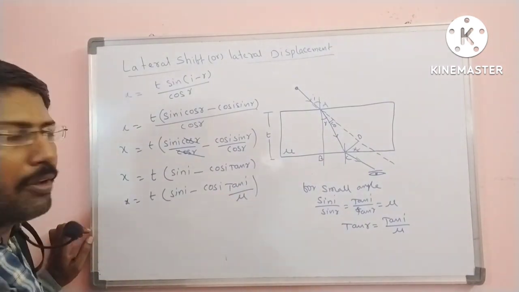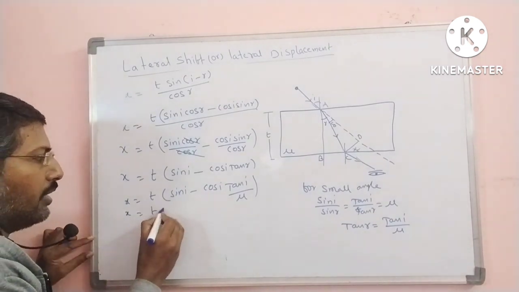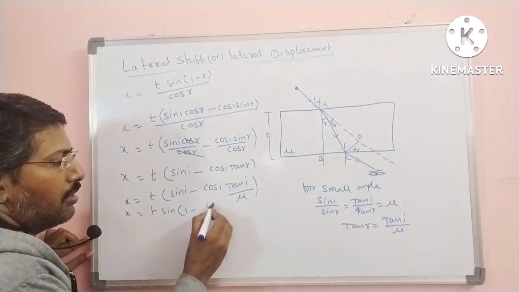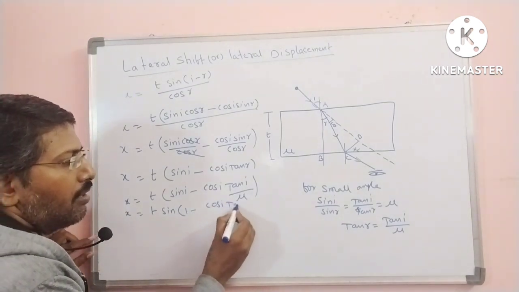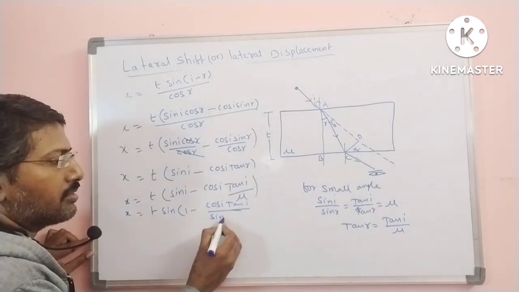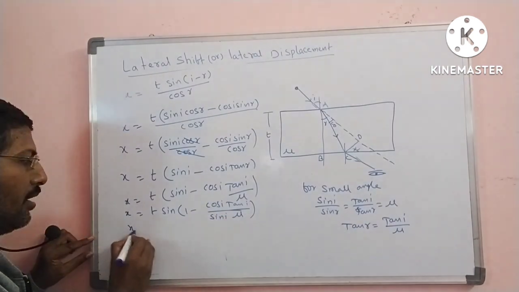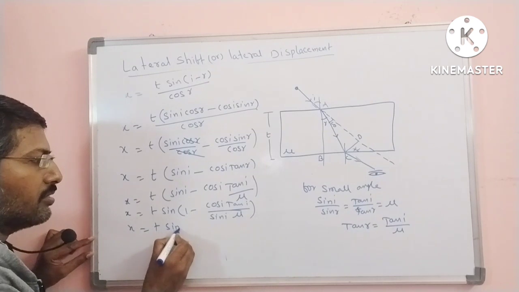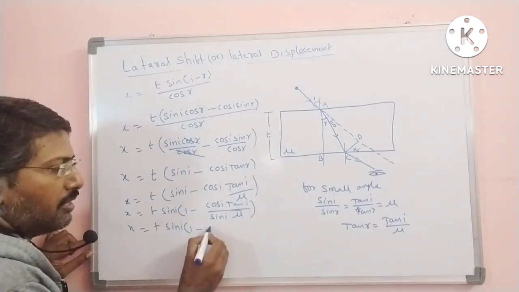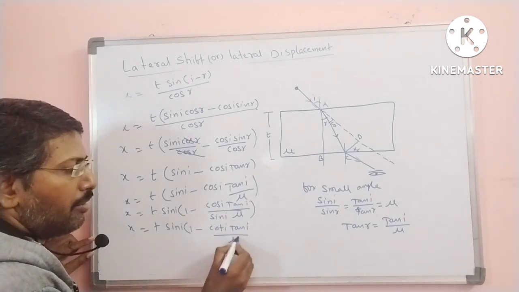If you observe very carefully, taking sin I common, x is equal to T sin I times 1 minus cot I tan I by mu.